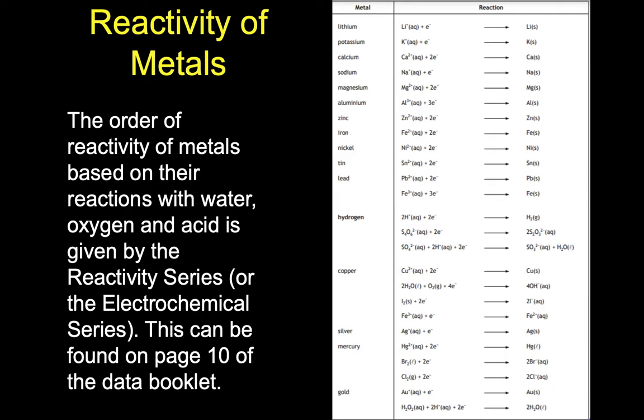So we have our most reactive at the top, least reactive at the bottom. Now some of our more eagle-eyed pupils among us will have spotted that we have hydrogen here in the middle. Now hydrogen is a non-metal and is there for comparison. So there to allow us to compare how reactive these metals are compared to how reactive hydrogen is.